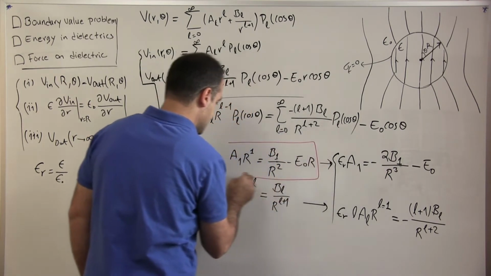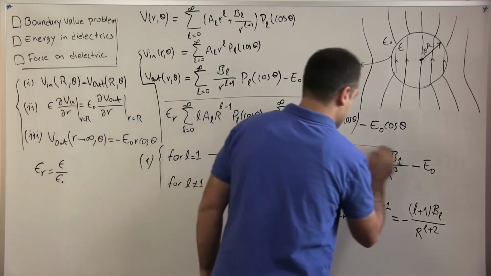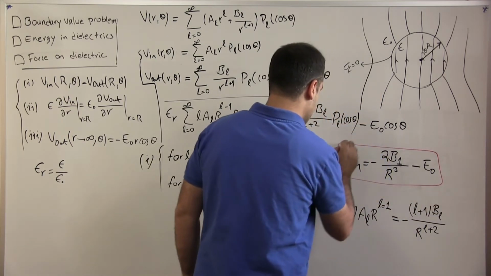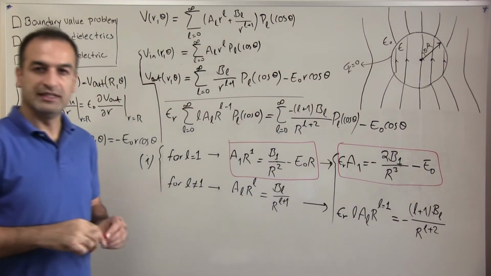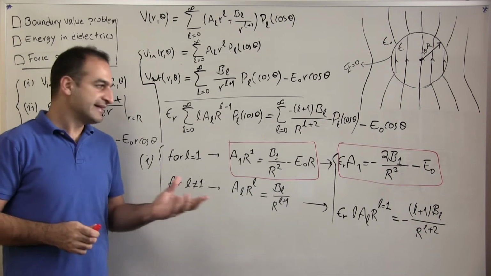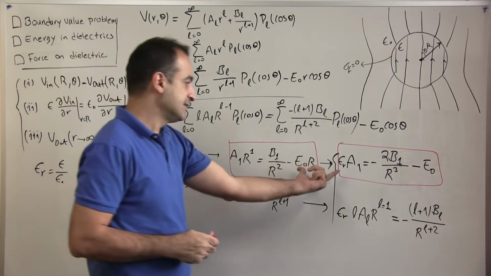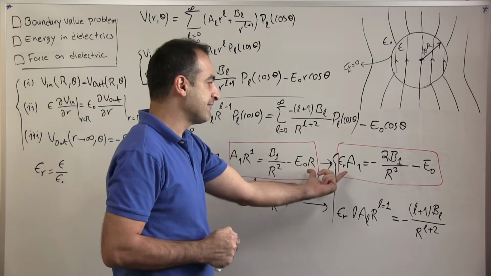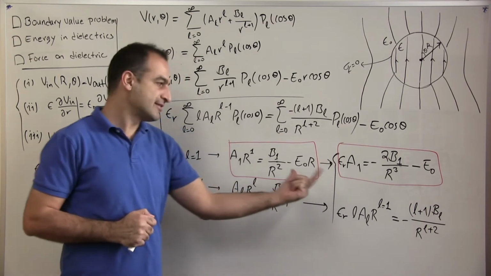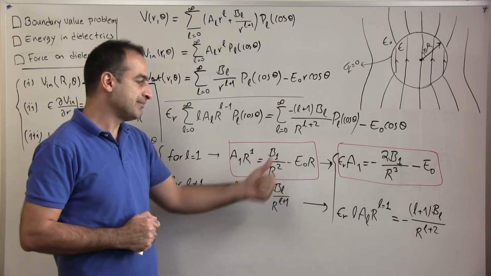This one and this one combined, these two in the red box, give us a system of two equations with two unknowns. The two unknowns are A1 and B1.